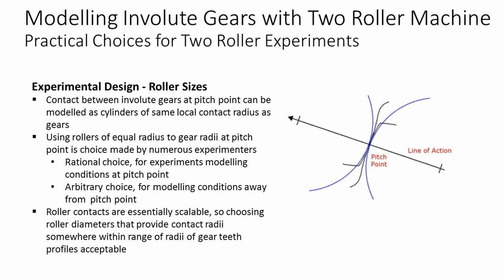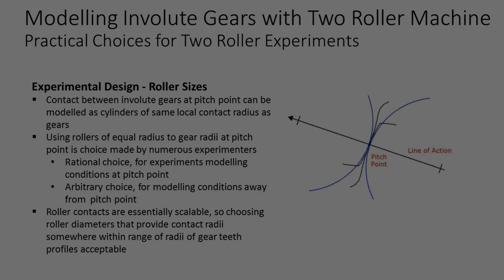It would seem a rational choice if one wished to perform experiments modelling conditions at the pitch point. It would seem a somewhat arbitrary choice if one were intent on modelling conditions away from the pitch point. In practice, however, roller contacts are essentially scalable, so choosing roller diameters that conveniently provide contact radii somewhere within the range of radii of the gear tooth profiles would seem acceptable.